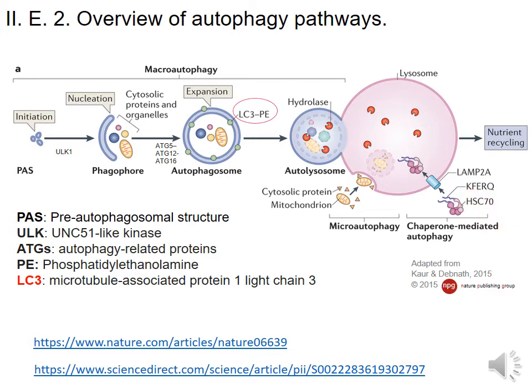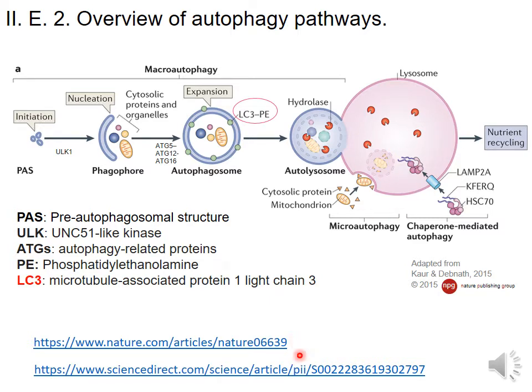This is a chaperone that brings these cargo proteins with these motifs to the lysosomes, and this is dependent on a receptor called LAMP2A. There is an interaction between this complex and the receptor, which translocates the cargoes into the lysosome for degradation. In all these processes, the autophagic cargo is degraded via lysosomal hydrolases inside of the lysosome.